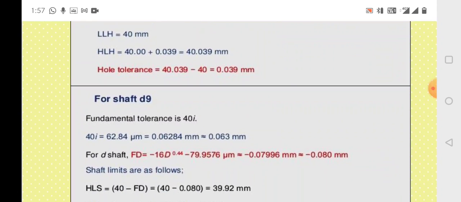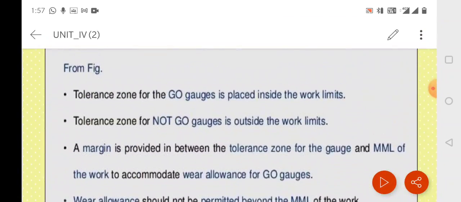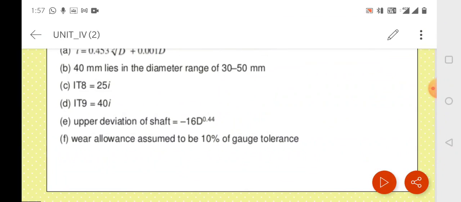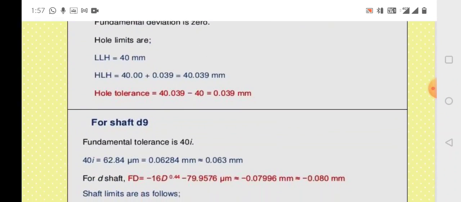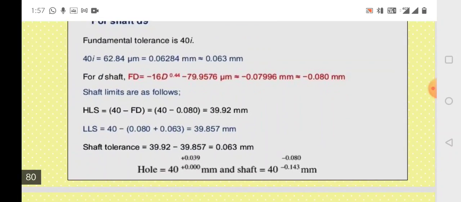Then for shaft, D9 shaft, fundamental tolerance is 40i. Fundamental tolerance जो है तो 40i है as per given in the problem. IT9 is 40i. That we can have from the table also, but it will be given in the problem itself directly.